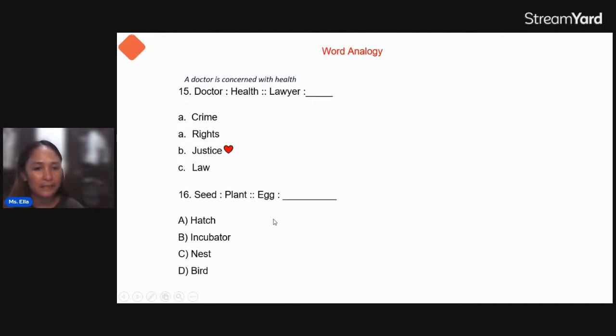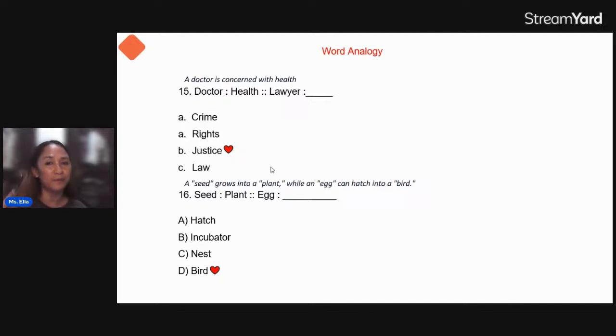We have here seed is to plant and egg is to blank. Okay. So for number 16, the correct answer here is letter D, bird. Why bird? We all know that a seed grows into a plant, right? So from seed, you grow into a plant.